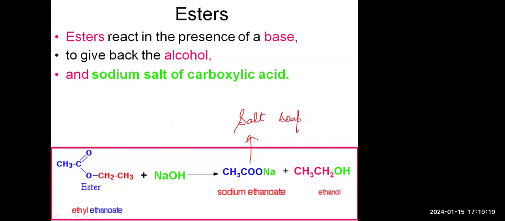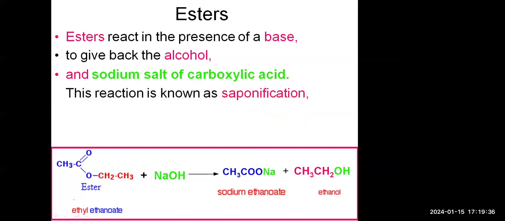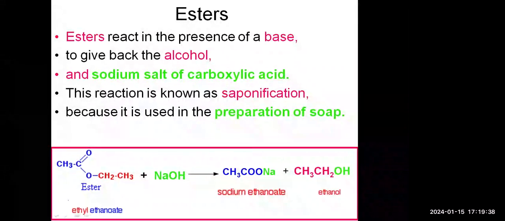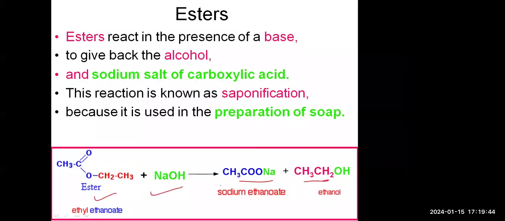And because in this reaction soap is produced, this reaction is called saponification reaction, because soap is produced here. Okay. So ester reacts with NaOH, you get soap and alcohol.